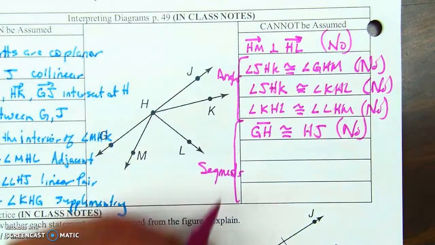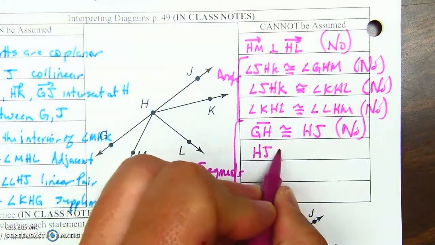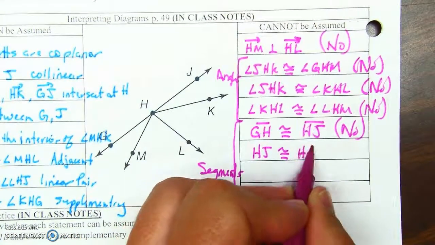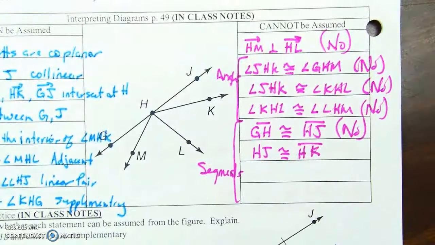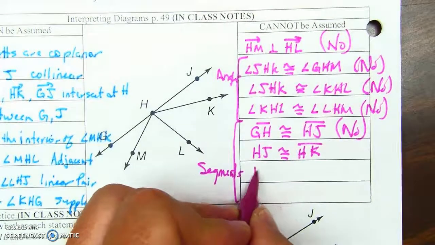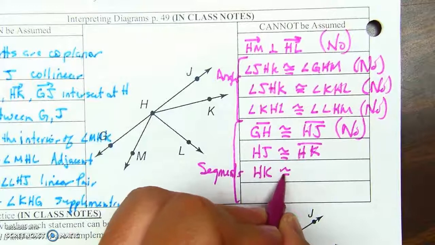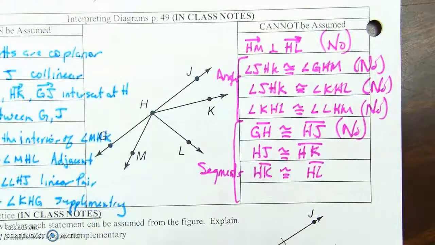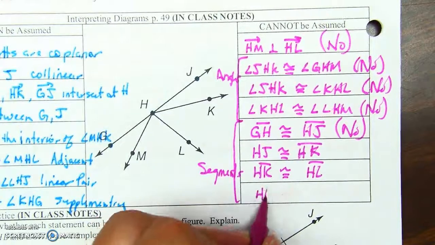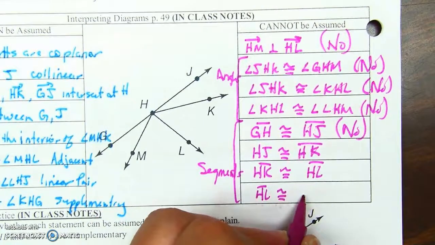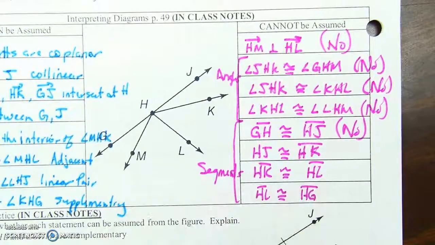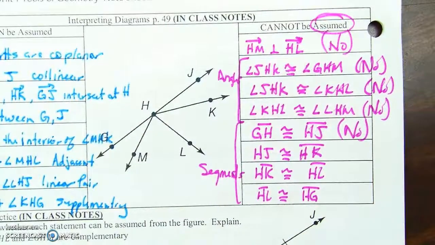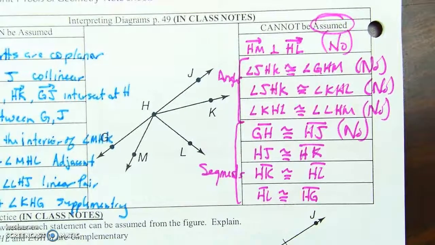We can't say that HJ is congruent to HK, or HK is congruent to HL. And the last one, we can't say that HL is congruent to HG. Again, the key word is assume, because we have no markings.